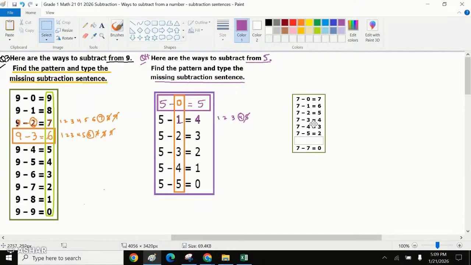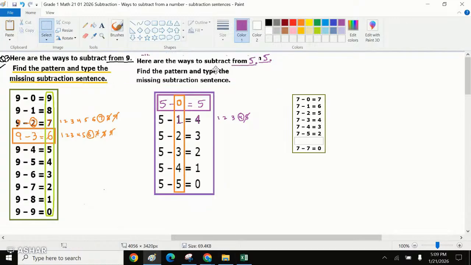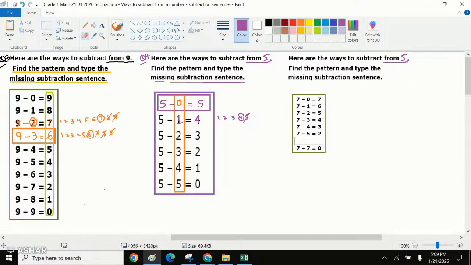If this was question number 4, let's make it question number 5. And the number over here would be subtract from 7. This is our question number 5.